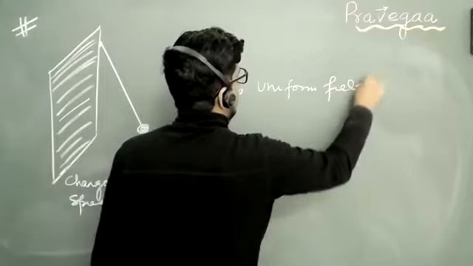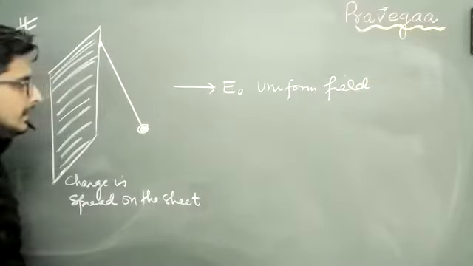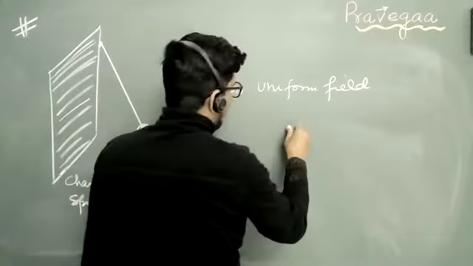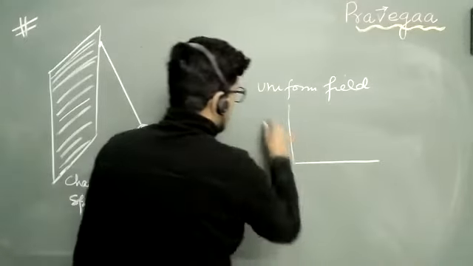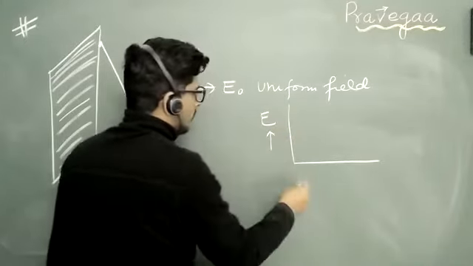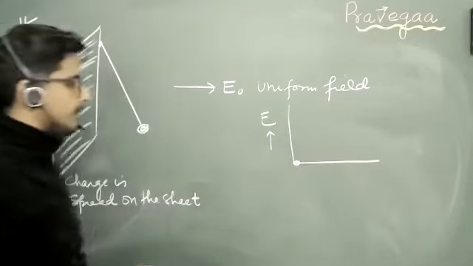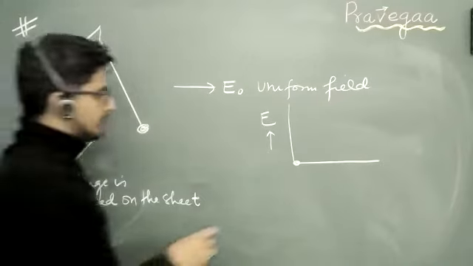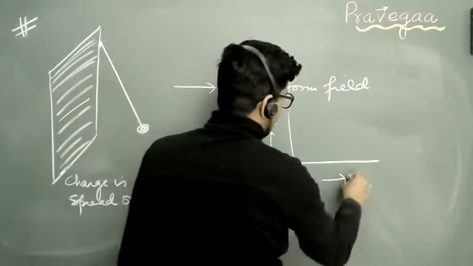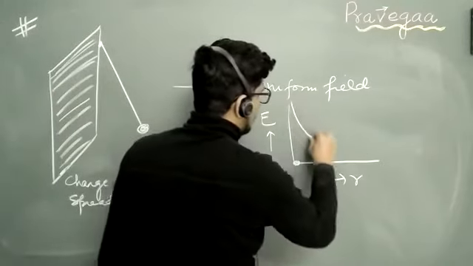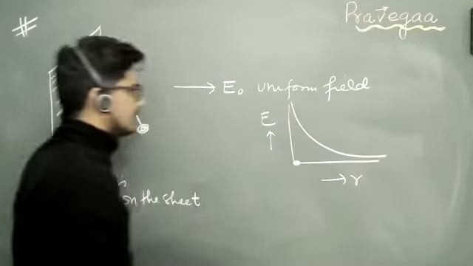That it will not depend on the distance. For example, if you have a Coulombian field, it goes like 1 over r square. Suppose the charge is kept here and it goes like this. Here it will be asymptotic and here it will fall like this.